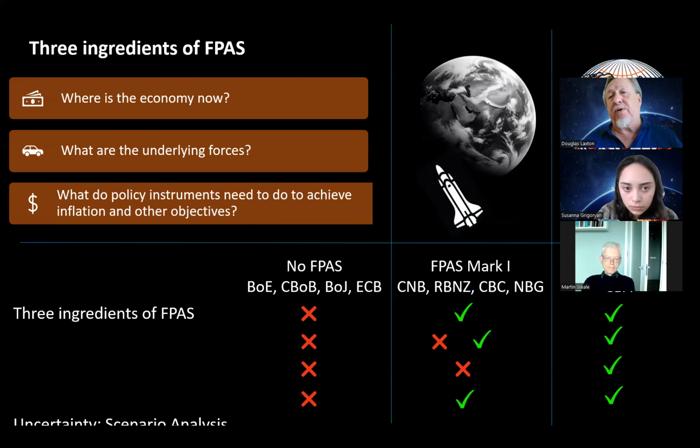So that's what we call FPass central banks. They have to have these three assumptions, and the Bank of England, the Bank of Japan, the ECB have yet to develop an FPass Mark One framework.